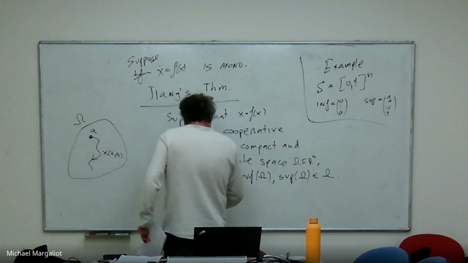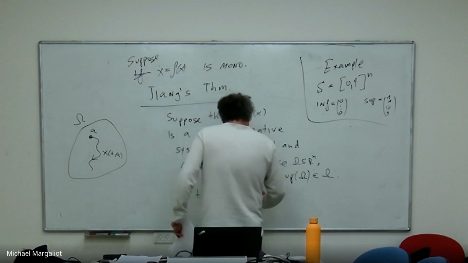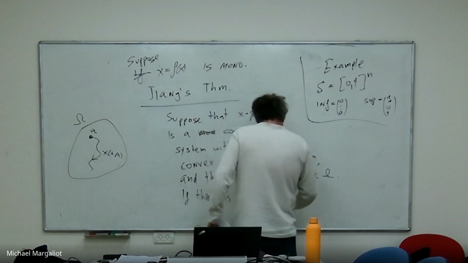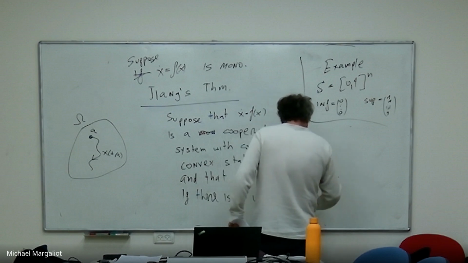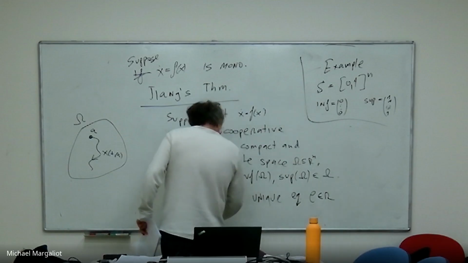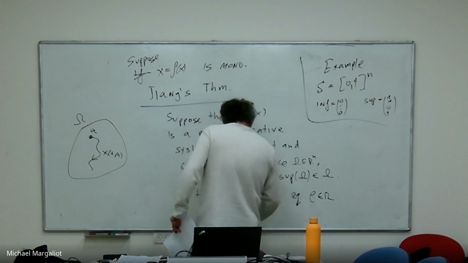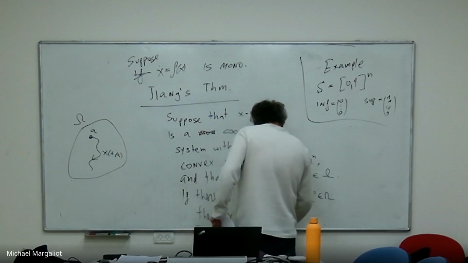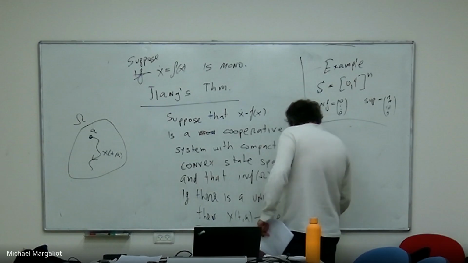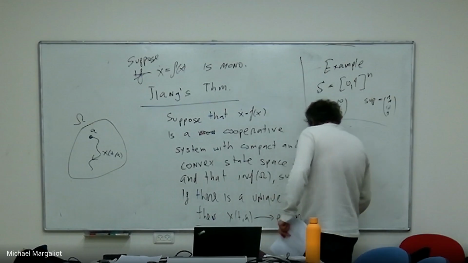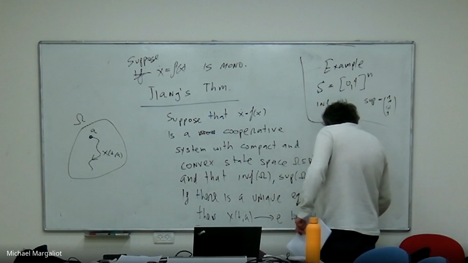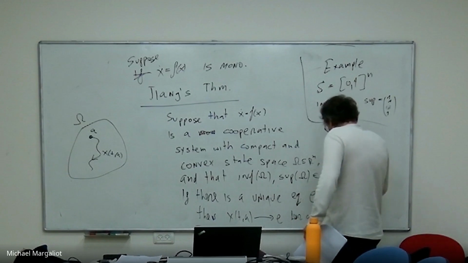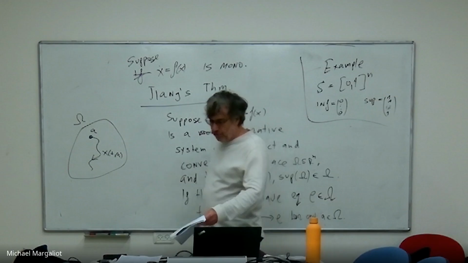If there is a unique equilibrium E in omega, so the theorem says the following.